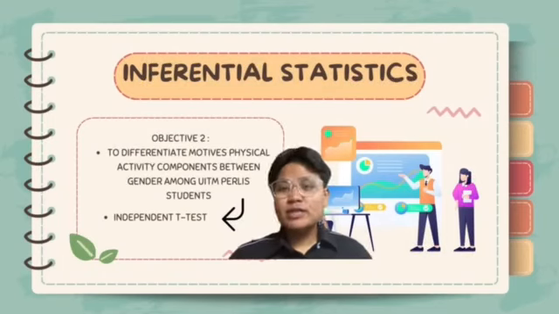Okay, now we move to the second objective, which is to differentiate motive physical activity components between gender among UiTM Perlis students. So, for this objective, we're gonna use independent t-test.